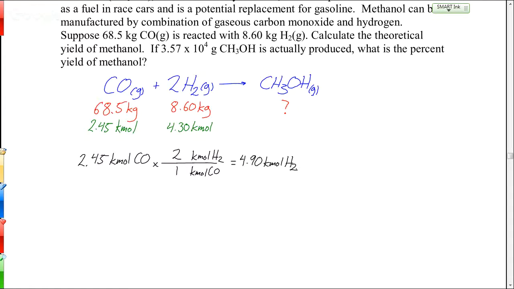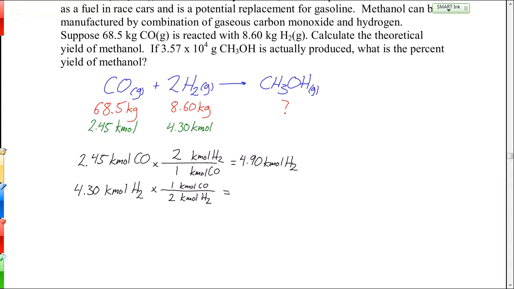We could also do that the other way. There's no need to do both of these, but just for instructional purposes, we could also go the other way and say for the 4.30 kilomoles of H2 that we have, we'd need 1 of these per 2 of these.